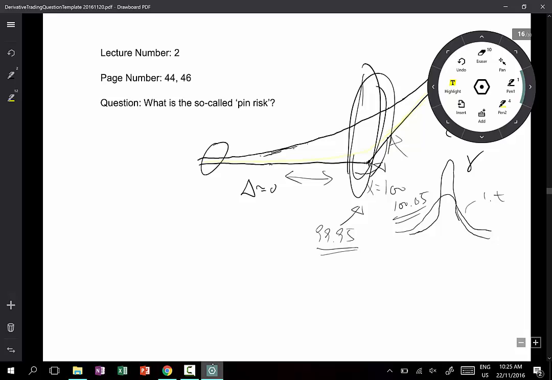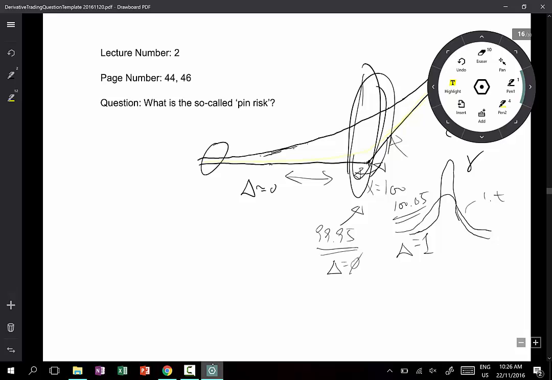And when you are so close to expiry, let's say you only have 5 minutes to expiry, how about that? Really, really close. Here technically delta would be 0, whereas here delta would be 1. So you have practically infinite gamma, just flip-flopping between 0 and 1.